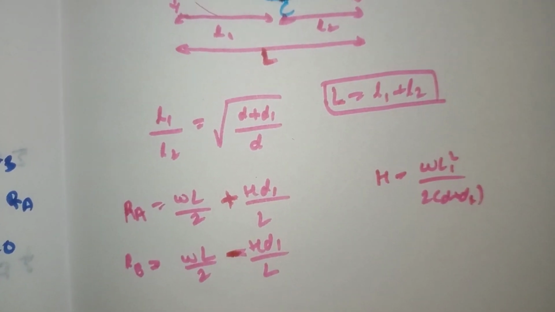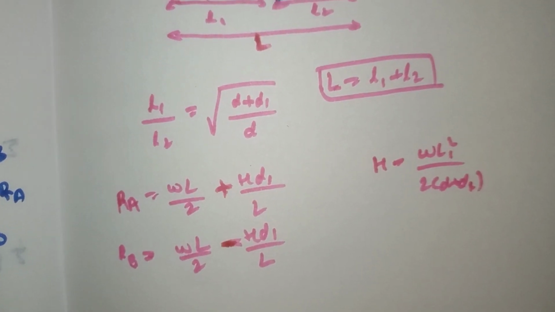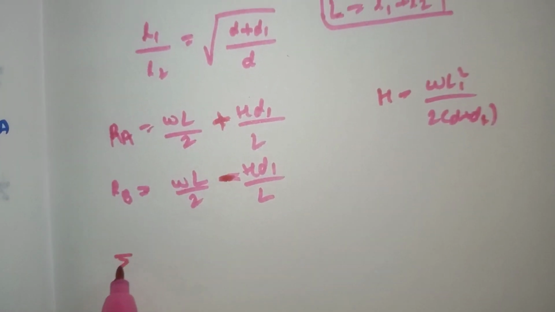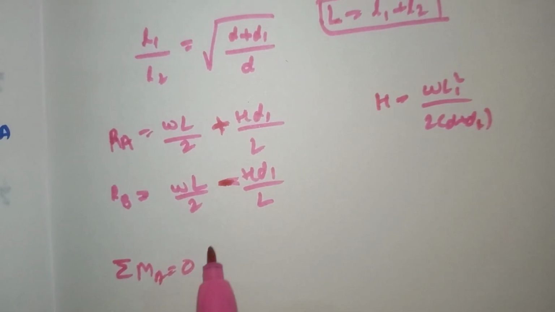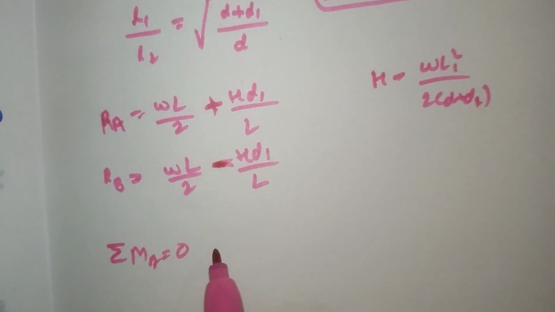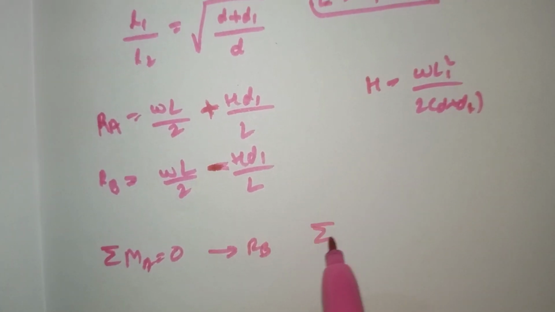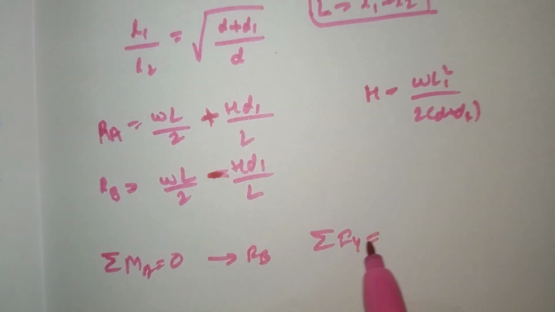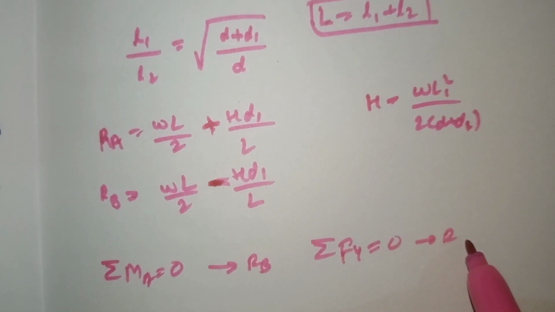When you don't remember these formulas, you can also go for another method which I have shown. That is summation of moment about A is equal to 0. By applying this you will get the RB value, and by taking summation of all the vertical forces you will get the value of RA.